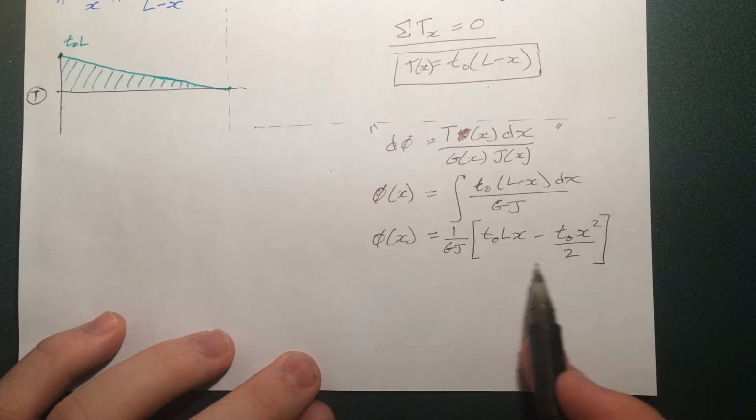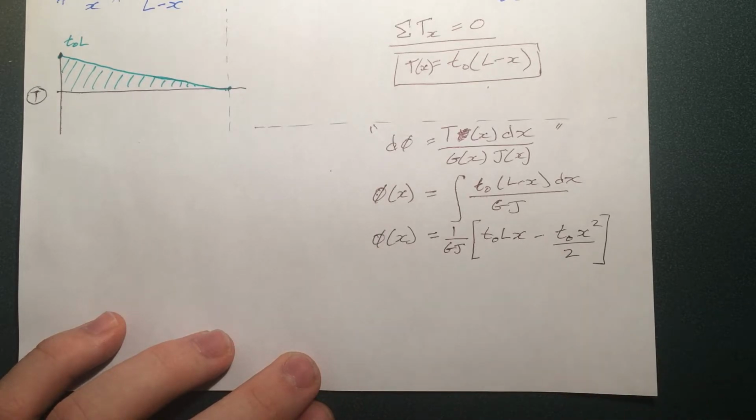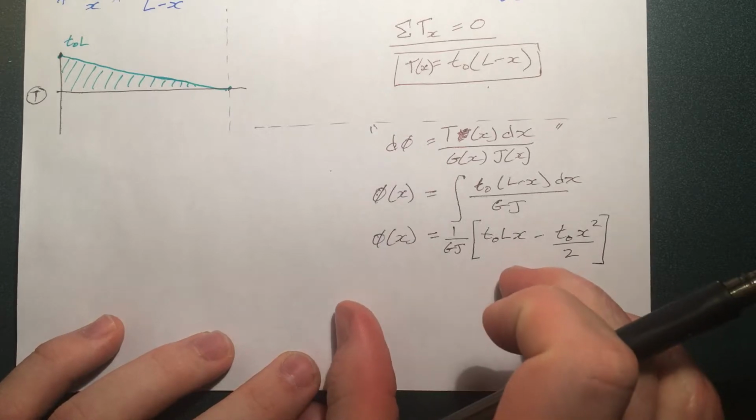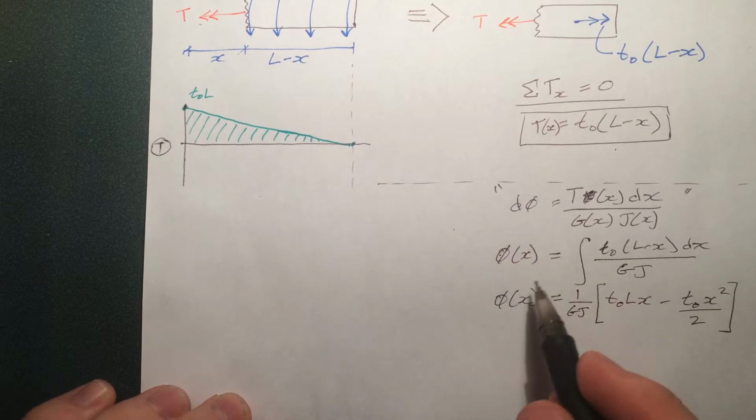Okay, and this equation describes our twist as a function of any sort of x. Alright, so this makes it easy for us to plot it if we just have a function. So let's go ahead and plot the twist.